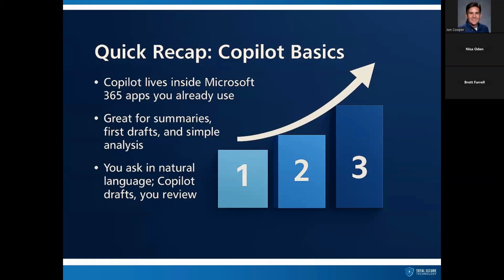So whatever security you already have built into Microsoft, with your tenancy and how it's set up, those are the permissions that Copilot is using to produce the results that it produces for you. So we're not starting from zero today. You already know a little bit about Copilot. Now we're going to turn that knowledge into some real workflows.